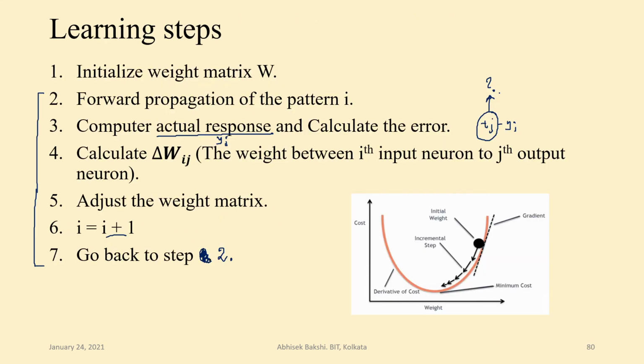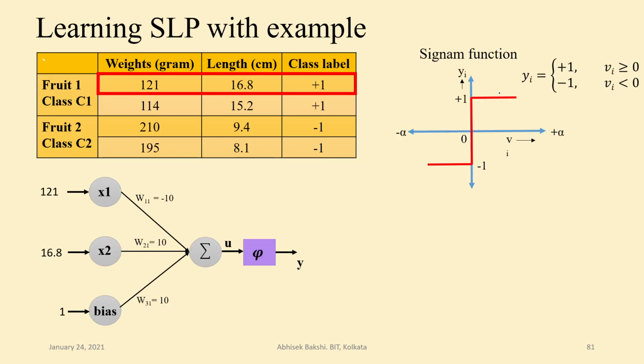So now this class level you can define in your own way, depending on the activation function you are taking. Since this is a very simple, trivial problem, we have considered the class level as +1 and -1, +1 for one class and -1 for the other class. Since we have only +1 or only -1, no other data in between, we have considered this signum function.